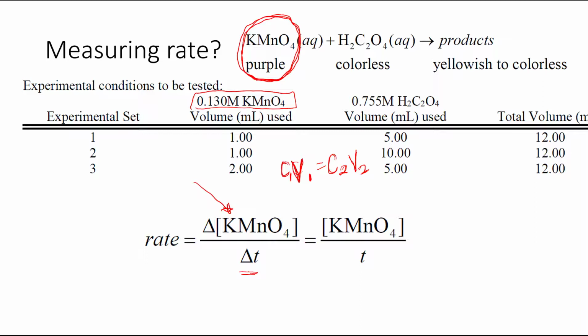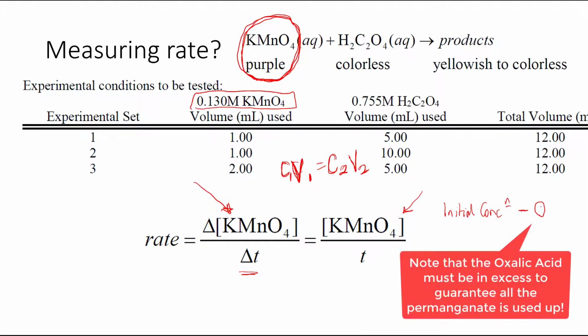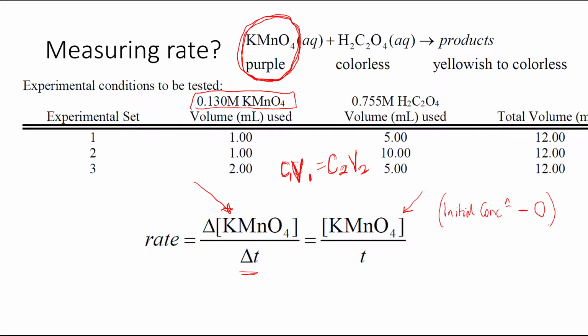But in fact, when we think about it, that change in concentration is simply the initial concentration minus the final concentration, but the final concentration we assume to be 0 because the color purple has disappeared. So in other words, this is our numerator. The denominator is simply the time that we measure on the stopwatch, right? So it's the time that we measure minus our time 0, which is when we started the stopwatch. So we simply end up having a time t that we measure in the denominator of this expression.